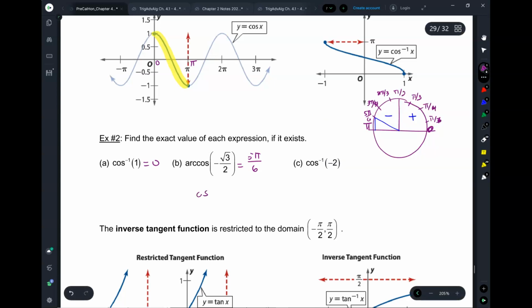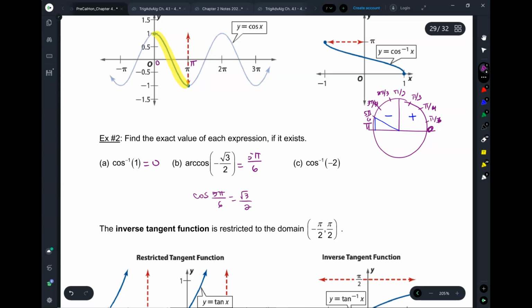Well, just normal cosine of negative square root 3 over 2. If you had a normal cosine, it would be cosine of 5 pi/6, and then your answer would be √3/2.